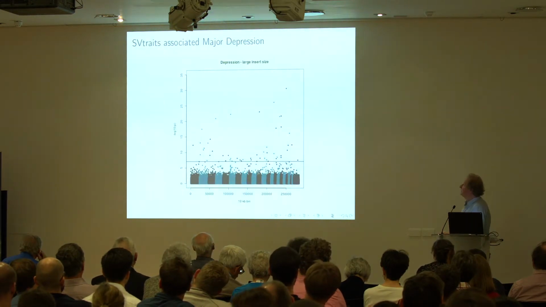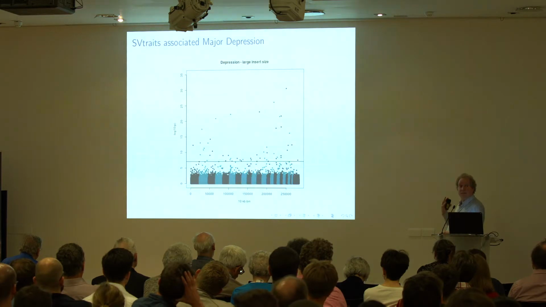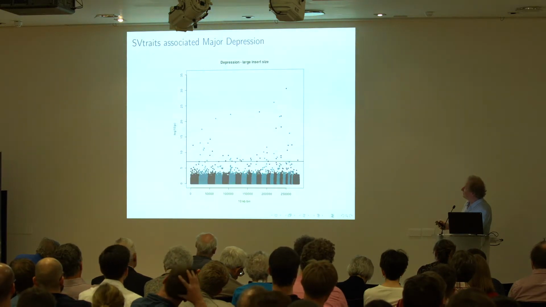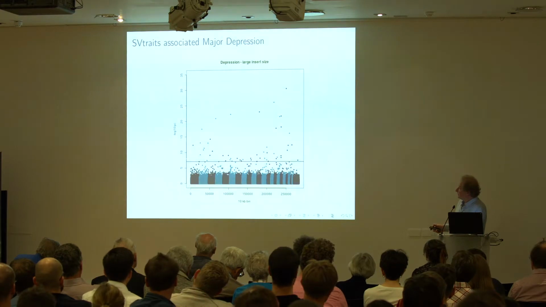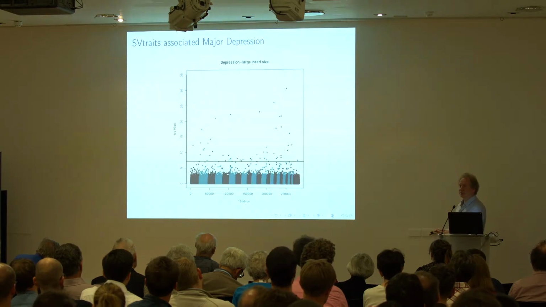This is what you get if you try to associate depression with variation in these structural variant traits. You get a very large number of potential associations, okay? This is the threshold that you would normally set for genome-wide significance. Now, the question is, are these artifacts? So I'm going to try to present the evidence that maybe they're not all artifacts.